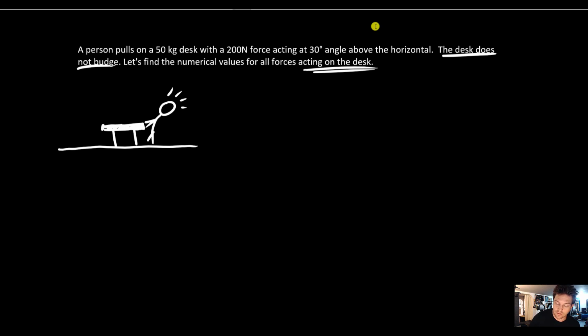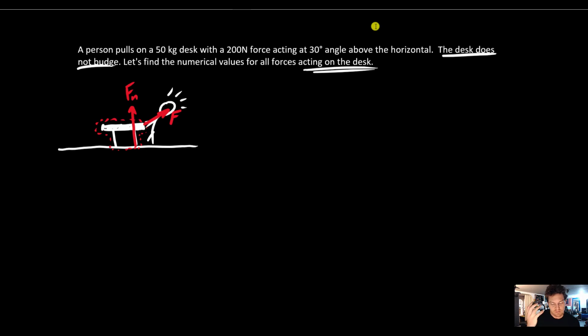So let's go ahead and draw our free body diagram for this desk. Anything that is crossing that little dotted line is going to be a contact force. So I know this person's pulling up with some force, and that's at 30 degrees. We'll draw that on here in a second. I know there's a normal force, making sure this desk does not fall through the ground.